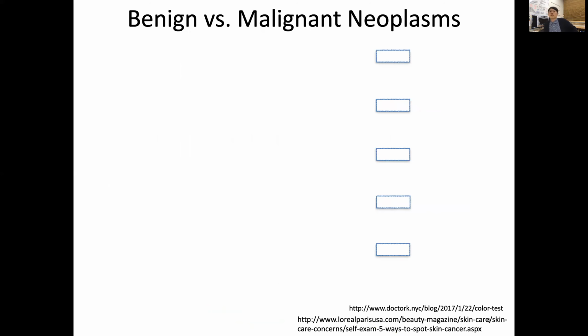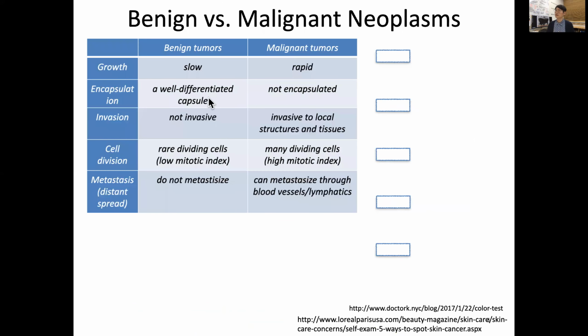Let's study further the differences between benign and malignant neoplasms. This is a table to distinguish them. In terms of growth, benign tumor growth is slow, while malignant tumors can grow very fast. About tumor formation, sometimes the cells are encapsulated, such as by collagen.